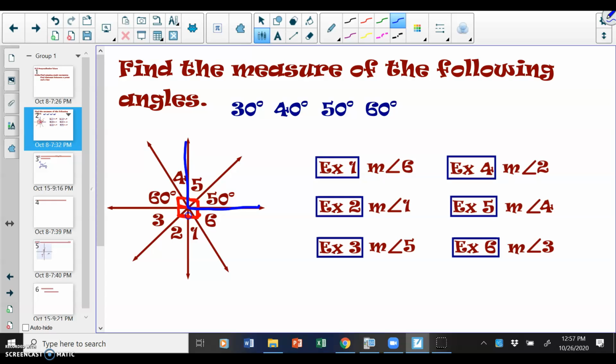So we have 90 degrees right here, so 50, that means angle 5 has got to be 40 degrees. If I'm looking right here, I have 60 degrees, and it's got to make 90 degrees, so that means angle 4 has got to be 30 degrees.